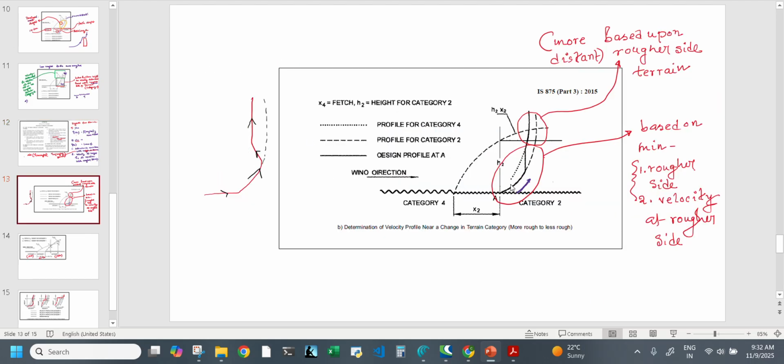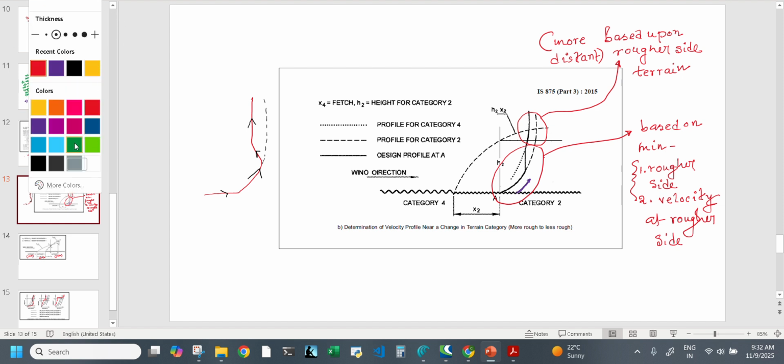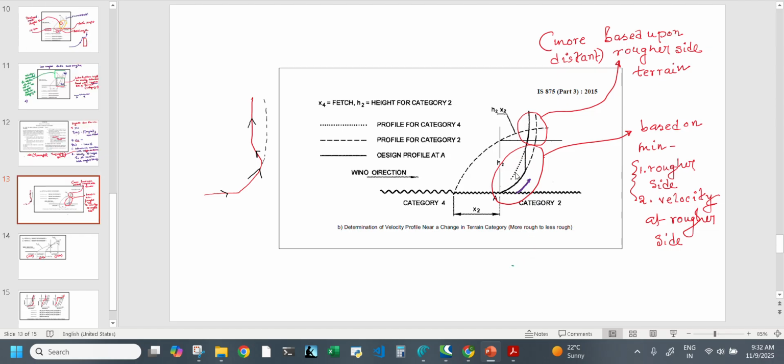That means this is the higher terrain, and this is the height hx.